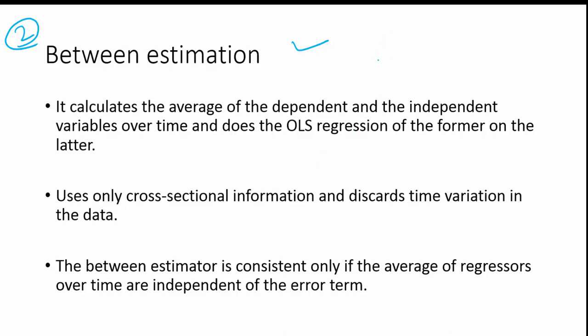It's pretty simple. We have got time series as well as cross section, right? When we take the average over time, you'll only get the cross section. You simply take the average over time. You have got 7 periods, 1 to 7.